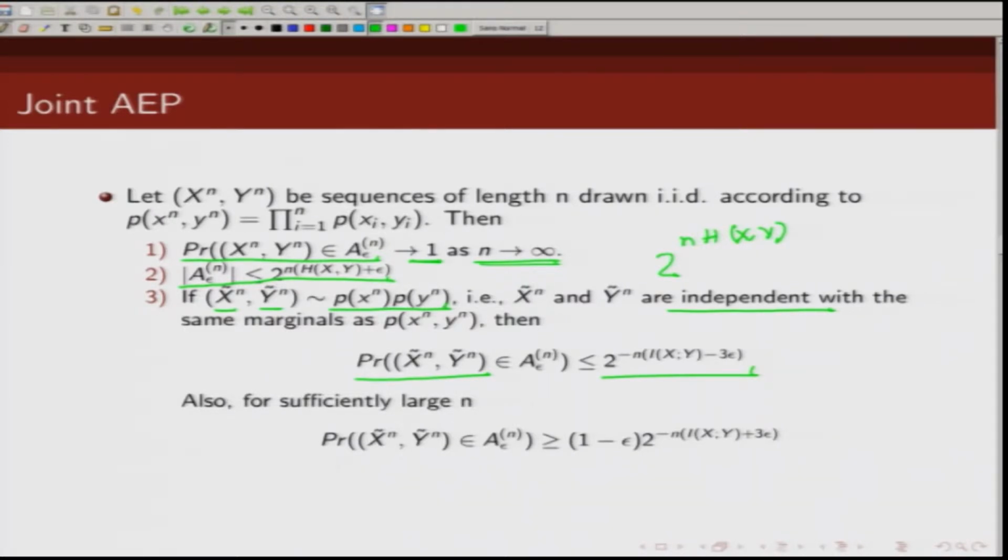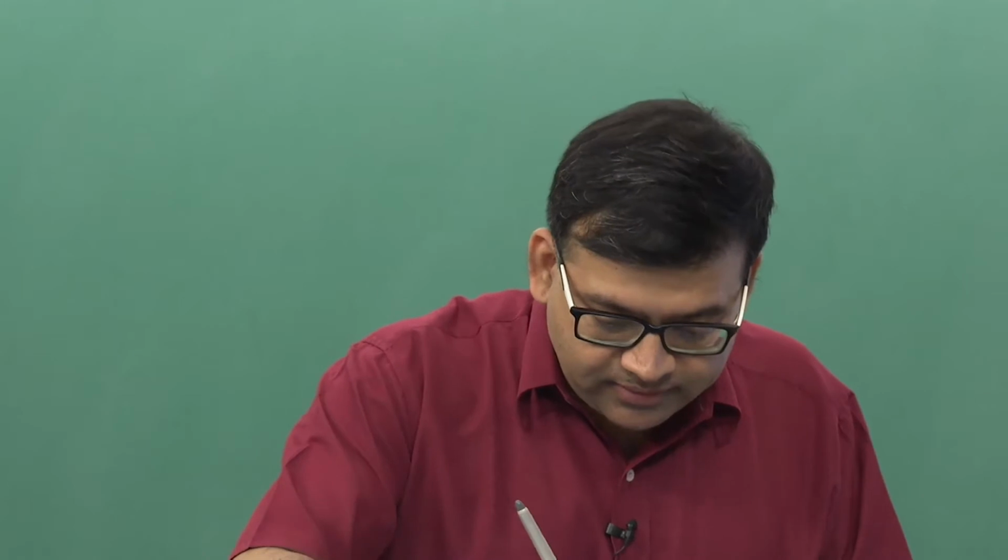Or you can also show that if x^n tilde and y^n tilde are independently drawn, then the probability that they are jointly typical is upper bounded by this probability.